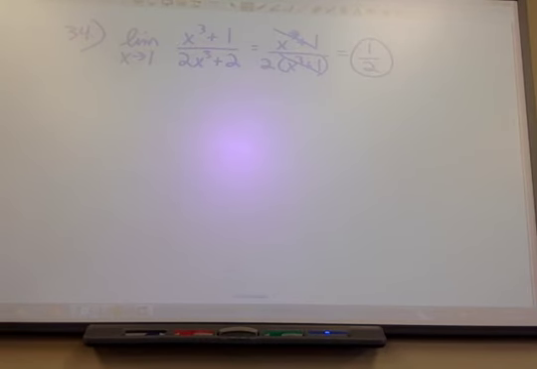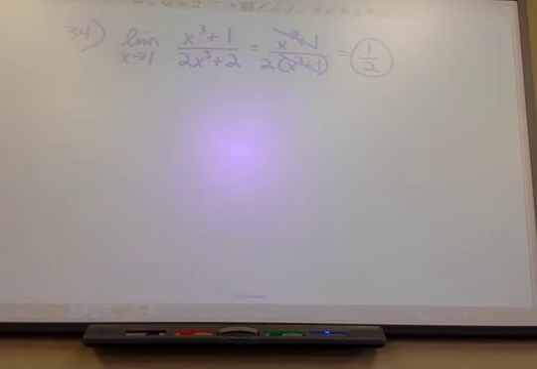Is that okay? If you're adding or subtracting functions, take the limit separately and add or subtract the answers. That'll work. That's number 3. Same thing for product in number 4. And what did they say in number 5 for the quotient? You can take the numerator limit over the denominator limit, but the denominator limit cannot be 0. Of course, because you can't have an undefined.